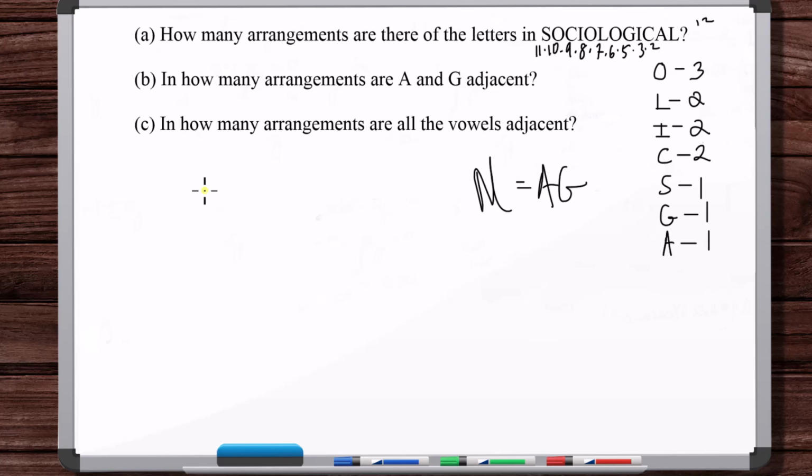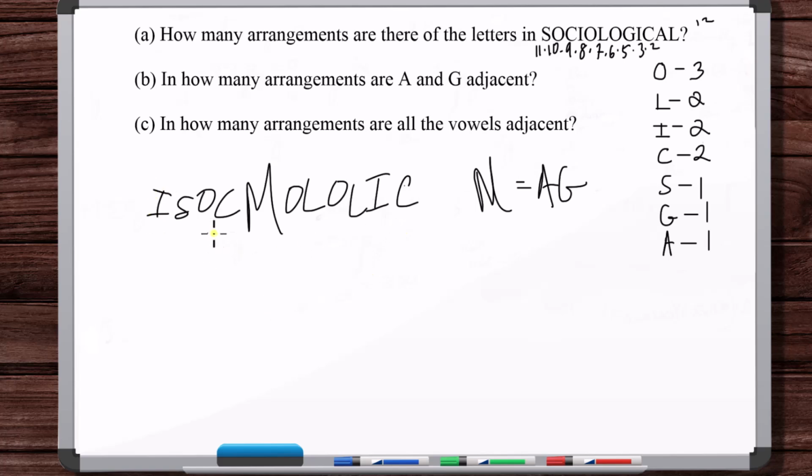And so now we just take out an A and a G. So there's only one A and one G. With this capital M, do they want us to count that? Oh, they do want us to count that. Okay, that's fine.